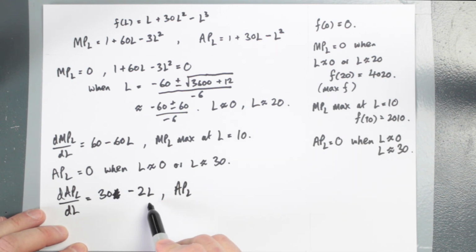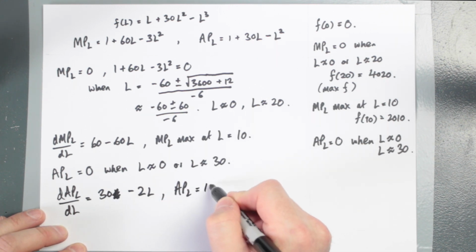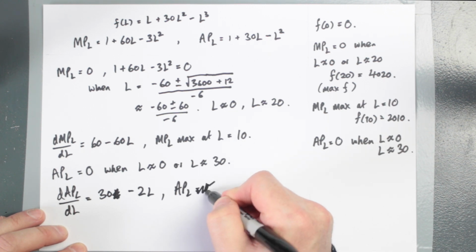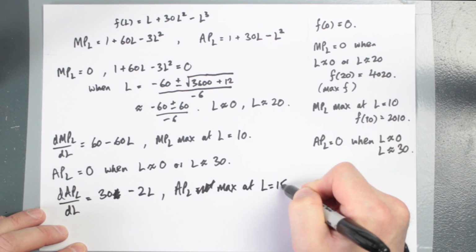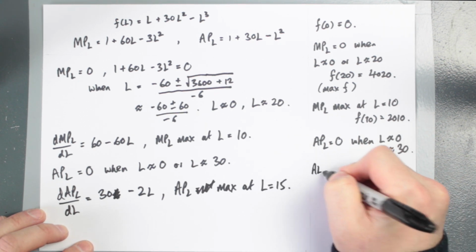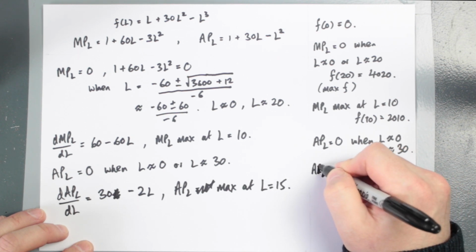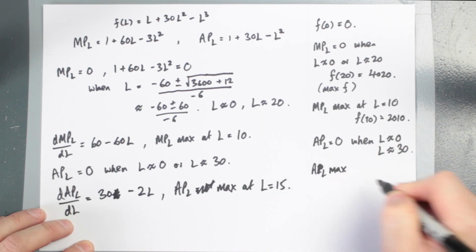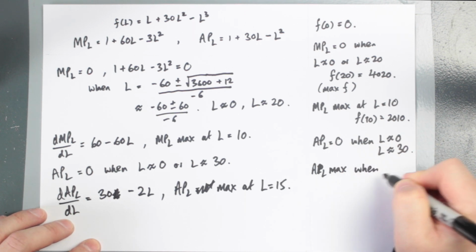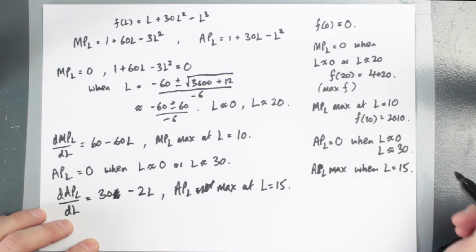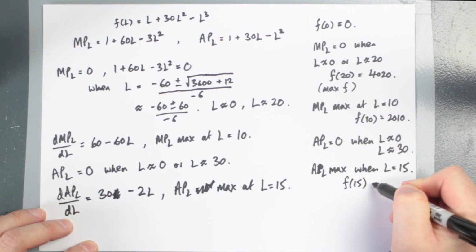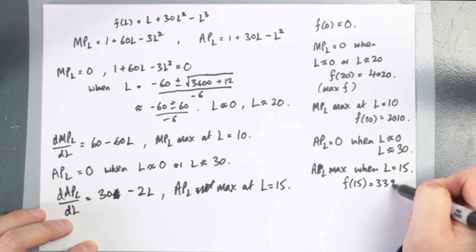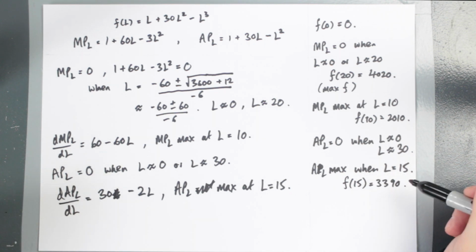Then if L is 15, the derivative is 0, so APL is max at L equals 15. Okay, I could calculate F of 15. I got 3,390. I'm not sure if all of this will be useful. I'm just gathering as many facts as I can.